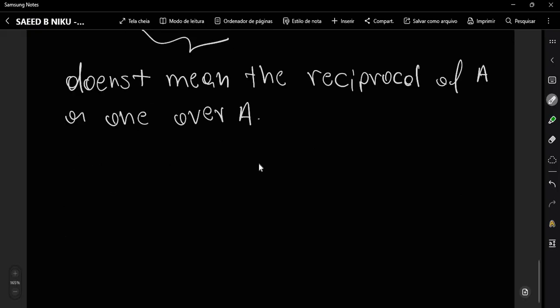But an inverse matrix is similar to the reciprocal of a number.